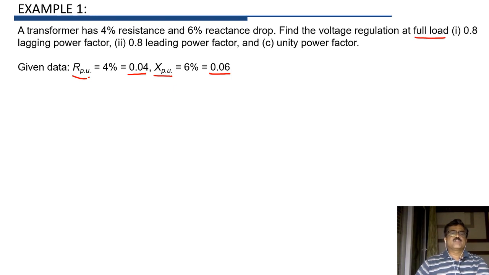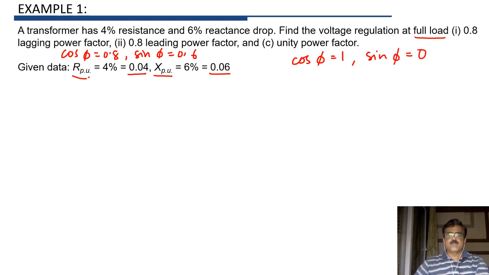In the first two cases cos phi is given as 0.8 and therefore sin phi is equal to 0.6, whereas in part C the power factor cos phi is unity, that is 1, and therefore sin phi is equal to 0.